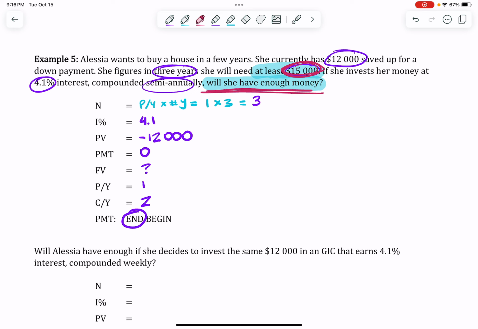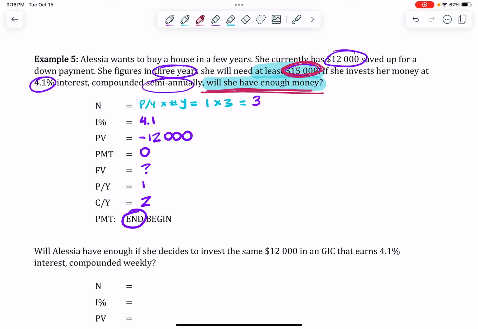Which means every single time we do TVM, we will only have one unknown. We cannot have more, we cannot have less. Because if we had 0 unknowns, we wouldn't need to solve anything. And if we had more than 1 unknown, well, then we won't have enough information. Okay? So we will always have 1 unknown, which means if I plugged in everything and I'm like, hey, where does this question mark go? There's no spot for it.